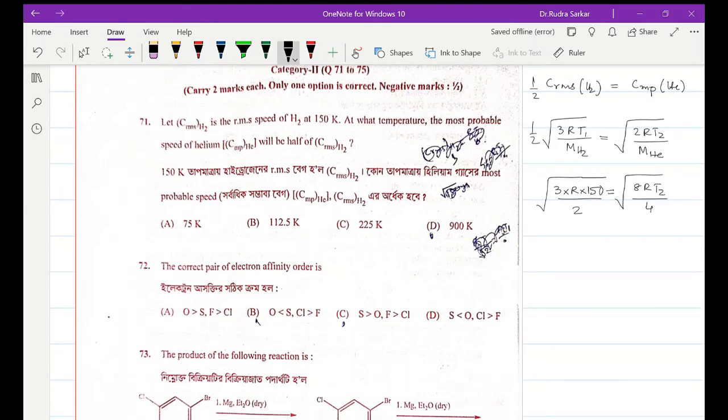So that is like 75 into 3R equal to, if you remove the roots, 2R/T2, right? So R and R go away. This is basically 75.